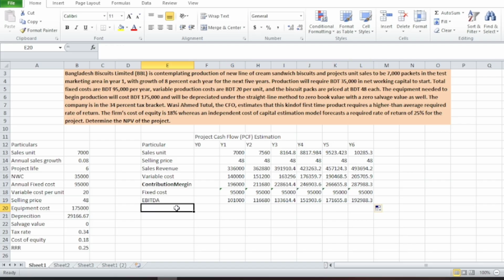So this is our EBITDA. Now we will write down the depreciation so that we can deduct it from the EBITDA. Our depreciation for year one was this. Again, a link. Now we will deduct the depreciation from the EBITDA, then it will be our EBIT.